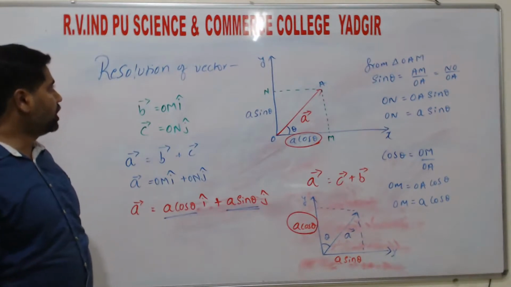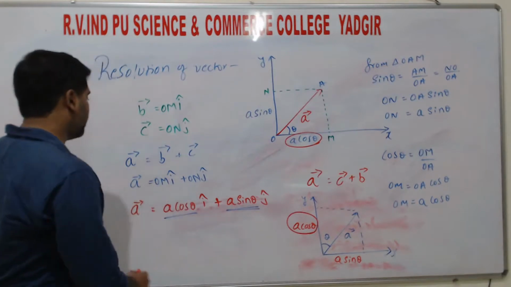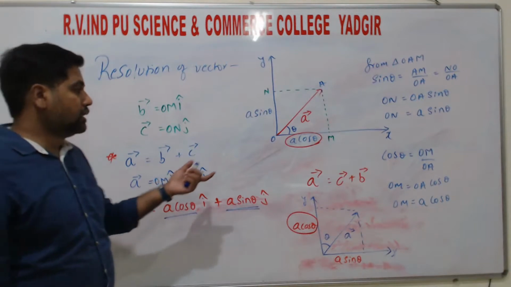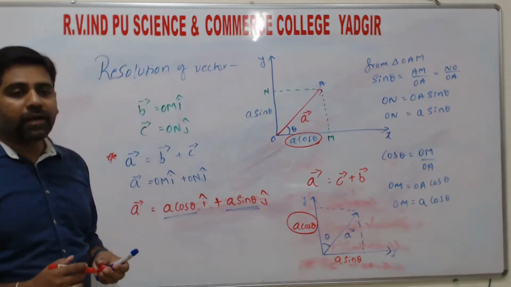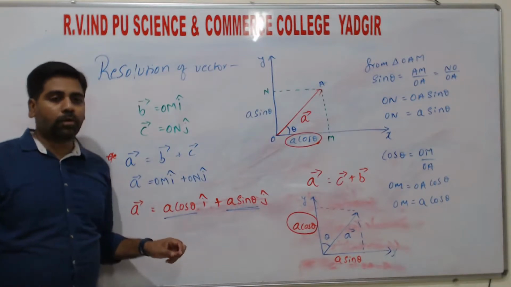Right? So this is about the resolution of vector. This is a very important concept. By using this concept it can help in deriving relations and in simplifying problems, right?